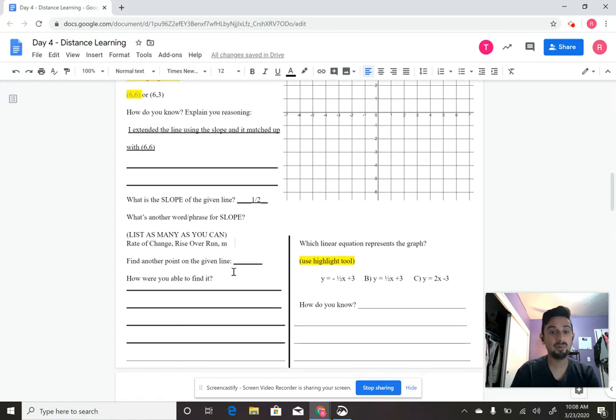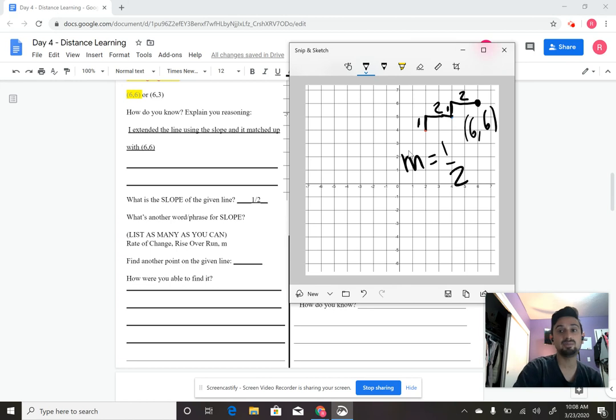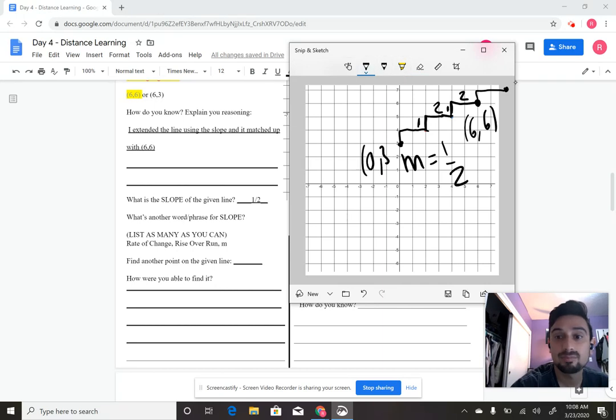Now find another point on the given line. Let's look at our graph again. So we got to find another point. So we can't go up because there's nothing here. So we can go back down from here though. We go right 2, down 1, which would be 3, not 3, 0, 3. Let's erase that. It's going to be 0, 3.